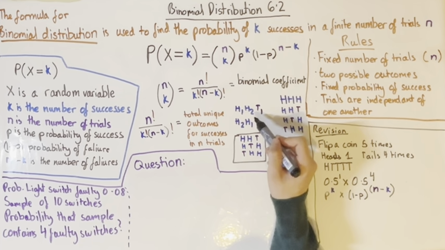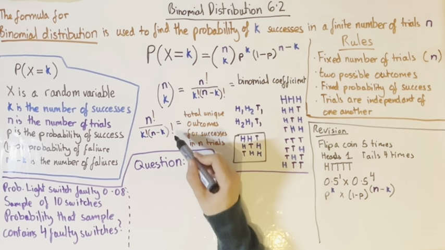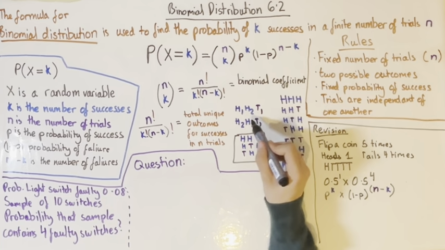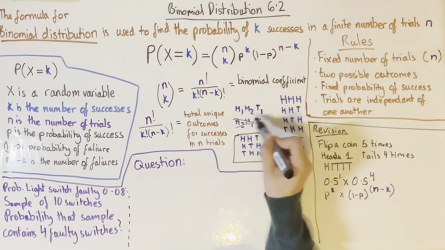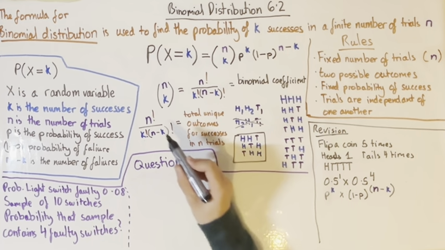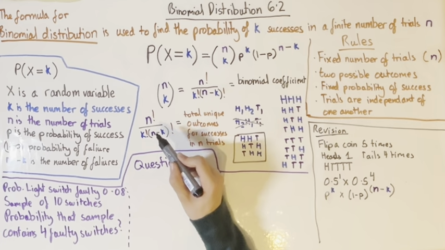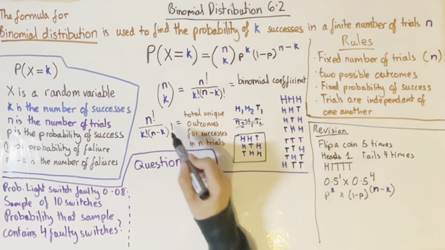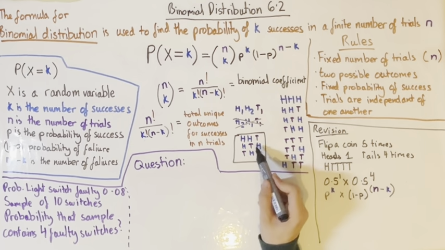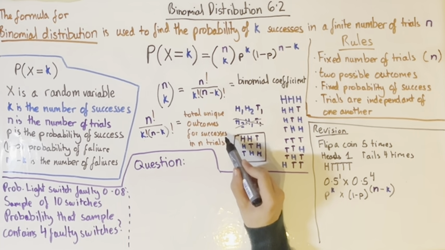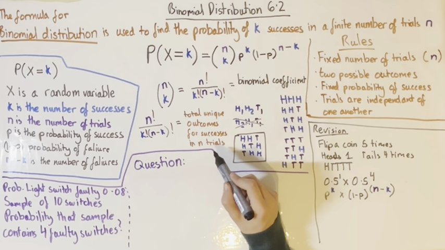That's all we care about. So what k factorial and n minus k factorial do is they get rid of this, and we're just left with this. When we do n factorial over k factorial times n minus k factorial, we should end up with only this for our total unique outcomes for successes in n trials.